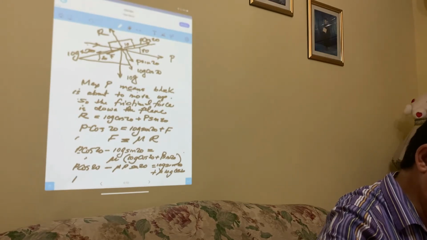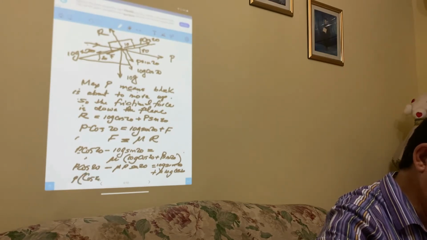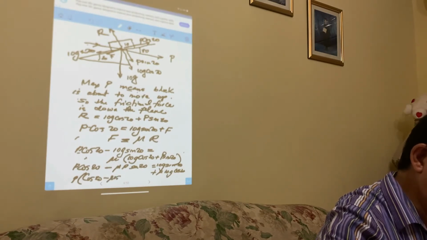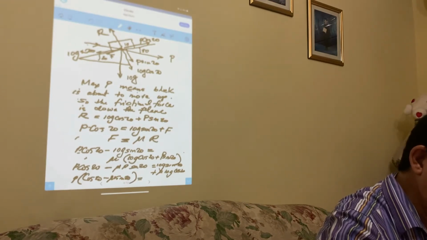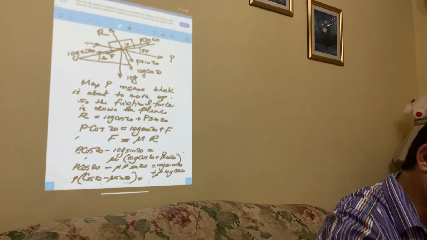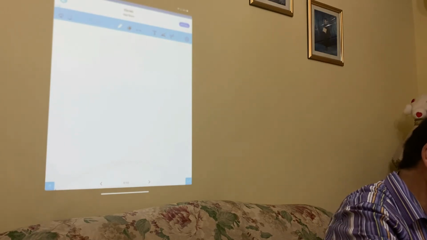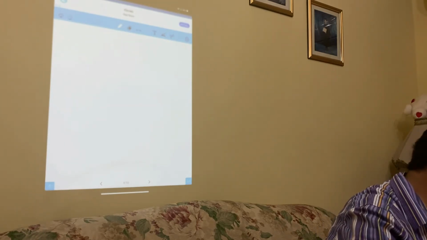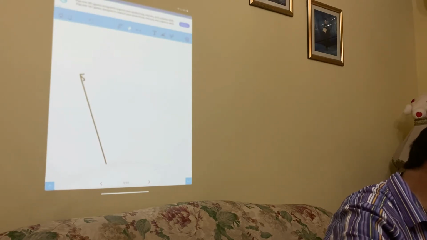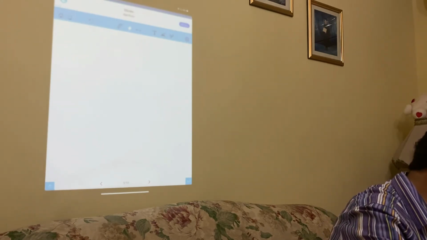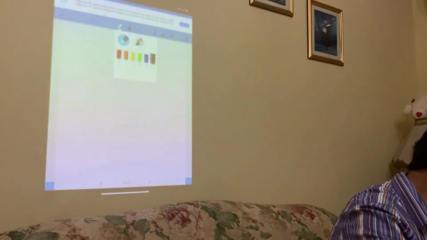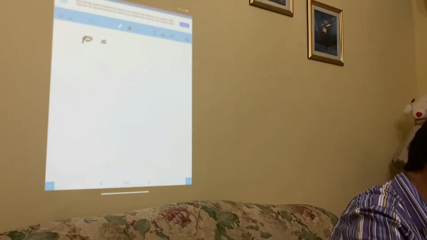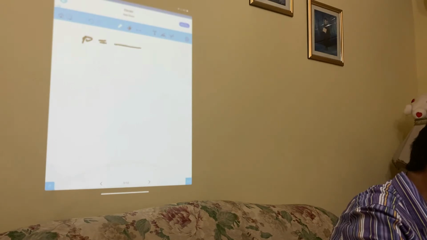We take P as common factor: P times (cosine 20 minus mu sine 20) equals the right hand side. From the equation we can find the value of P. P equals the ratio of the two things.